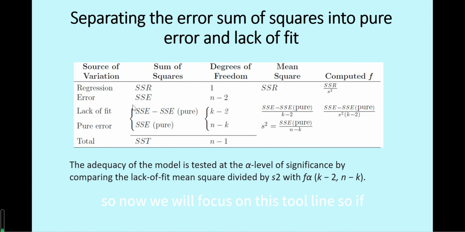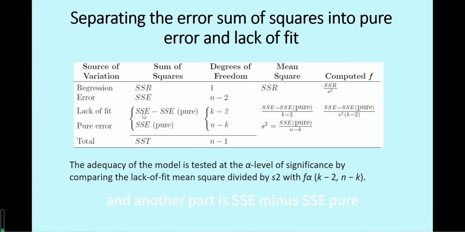If the model is not done correctly, SSE will have two parts. One is what we call SSE pure. This is the same as we showed on the previous page, where we use repeated observations for a given x value. So SSE pure comes from the repeated observations, pure randomness.